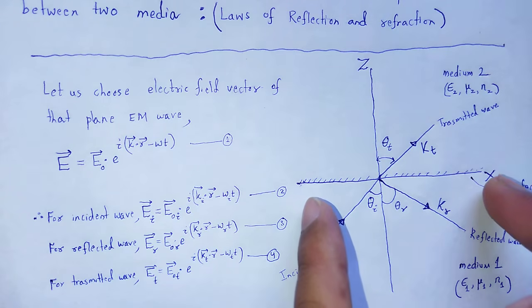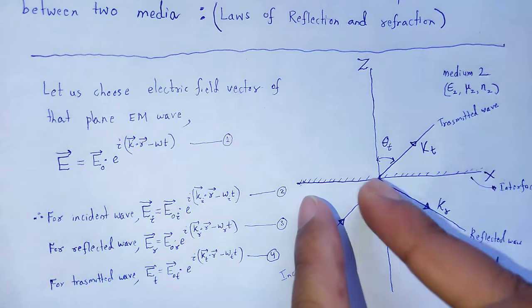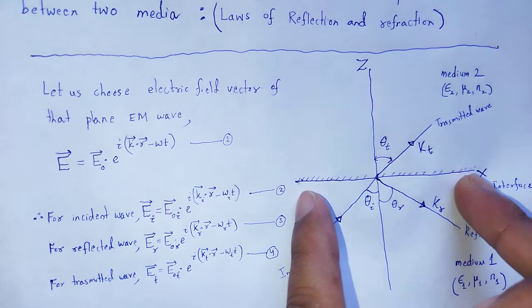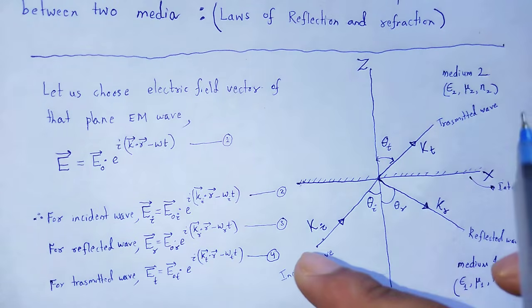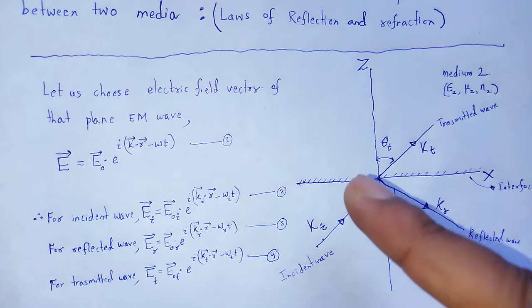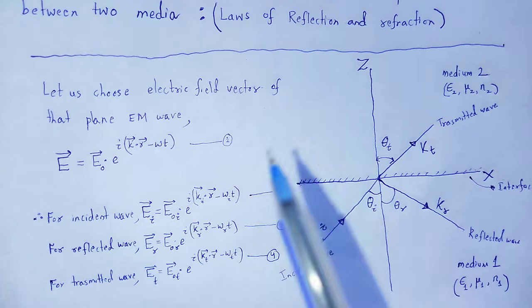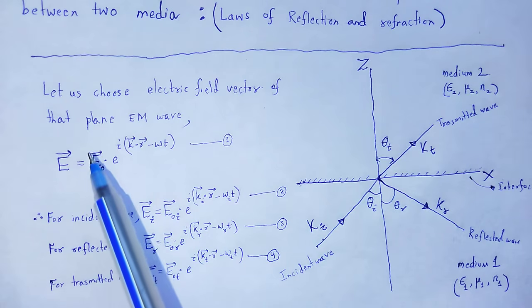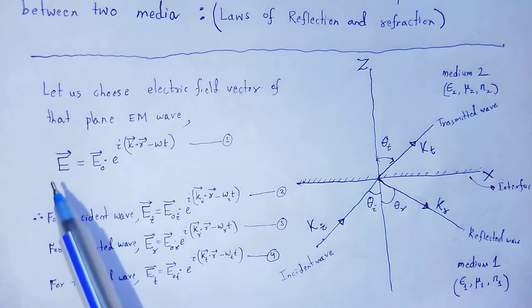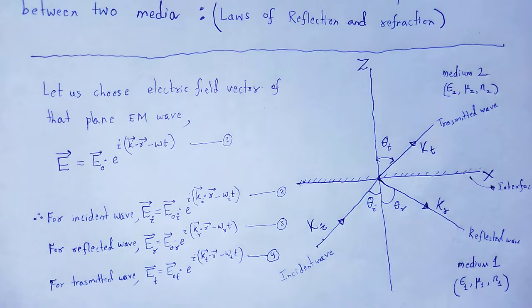As we use the interface that separates the two media for the electromagnetic wave, since we prefer the electric field vector, we can use the boundary condition for the electric field vector on that interface.